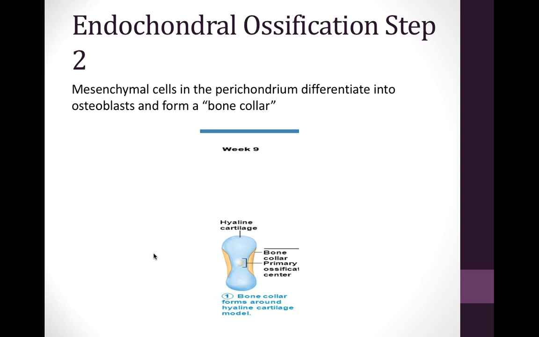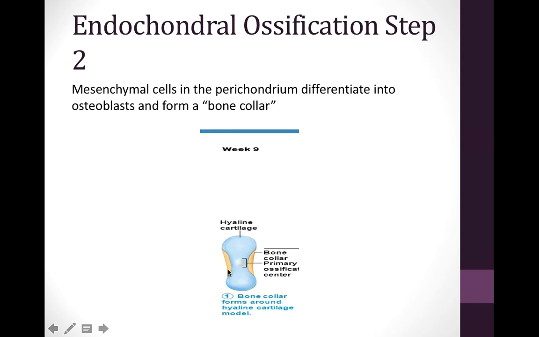There we go. So these osteoblasts are going to form something around the hyaline cartilage model that's called a bone collar. This is a real term. The cells that are inside here are called chondrocytes, and they make up this hyaline cartilage model.